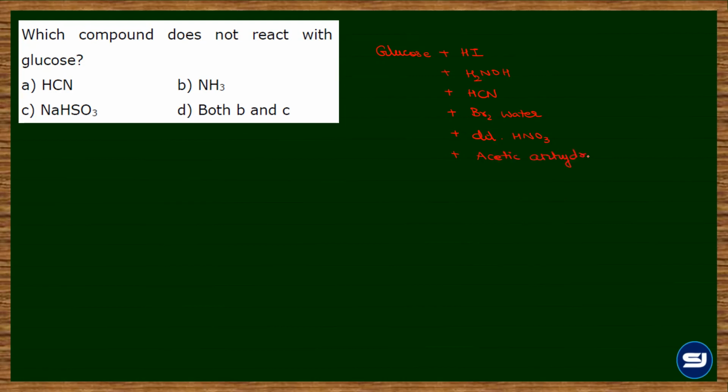So these were the reactions which confirm the open chain structure of glucose. But there were many reactions which we expect with respect to glucose, aldehydic and the hydroxy functional group, but they failed. And what were the reactions which failed? Glucose did not show any reaction with sodium bisulfite, ammonia, Schiff's reagent.